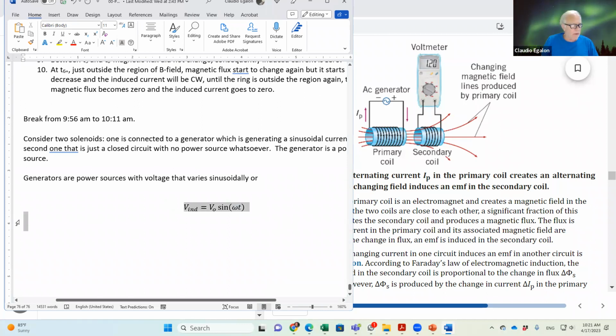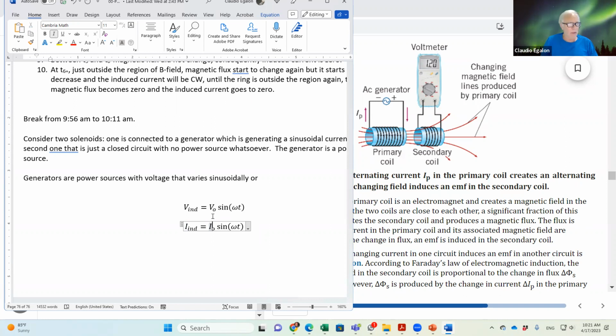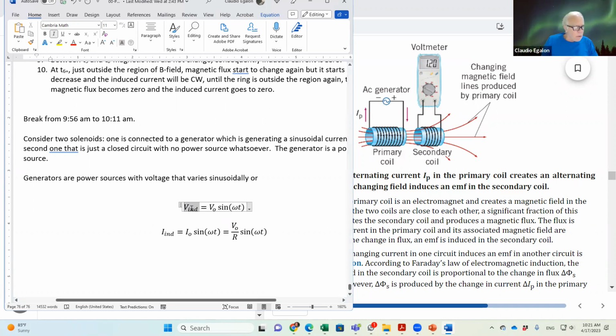So not only do we have this induced voltage, V naught sine of omega t, we also have a current that passes through this device, I naught sine of omega t, according to V equal to Ri, so it should be V naught over R. I'm not even going to put V induced.